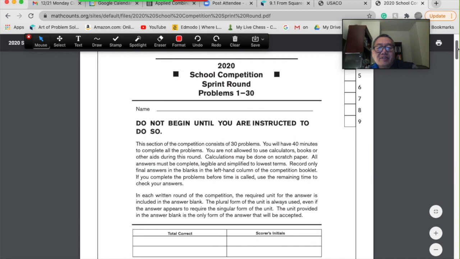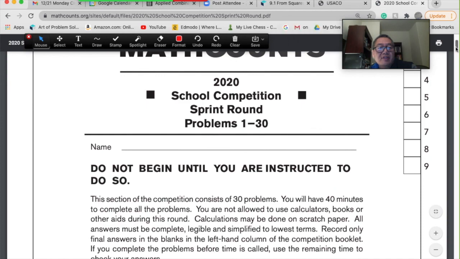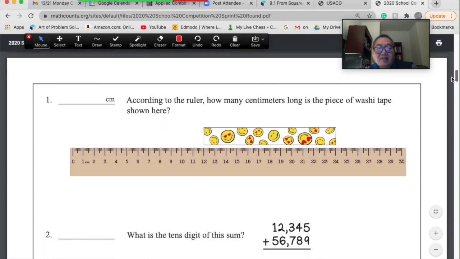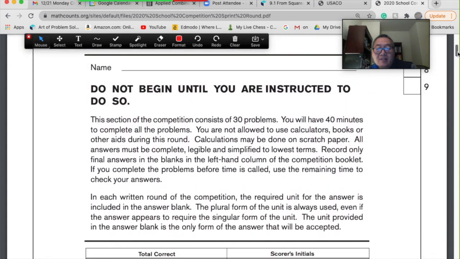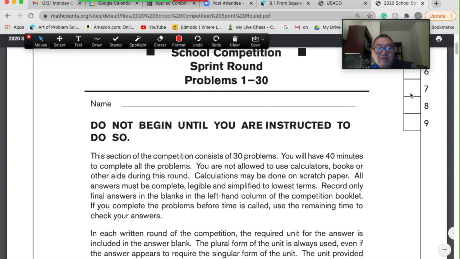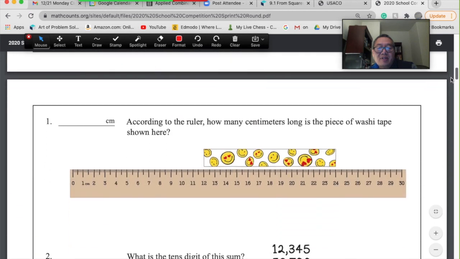Now you can see here, they give you 30 problems in total. What's the time limit? It's 40 minutes. They give you 30 problems in 40 minutes.